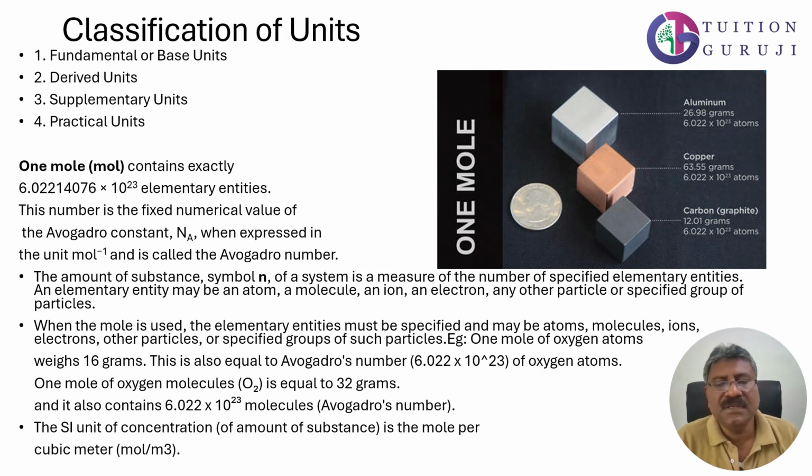Now let us see how the units are classified. Units are classified as fundamental or base units, derived units, supplementary units, and practical units. We have already seen the fundamental base units, derived units and supplementary units.